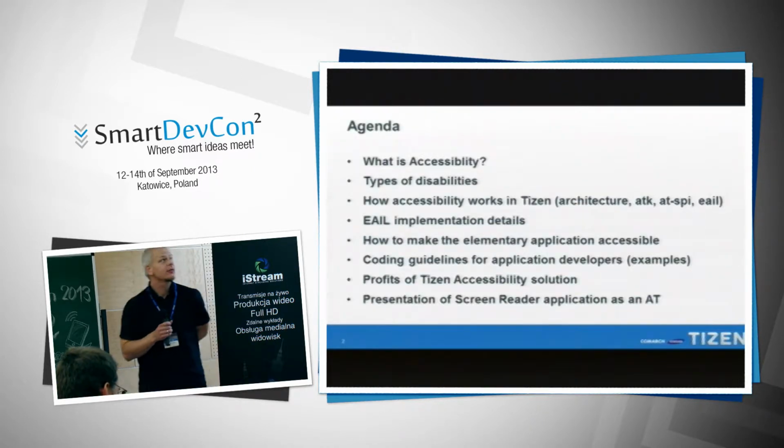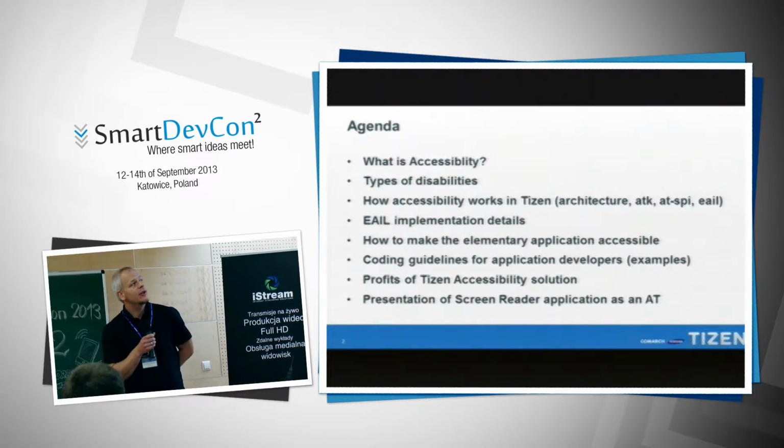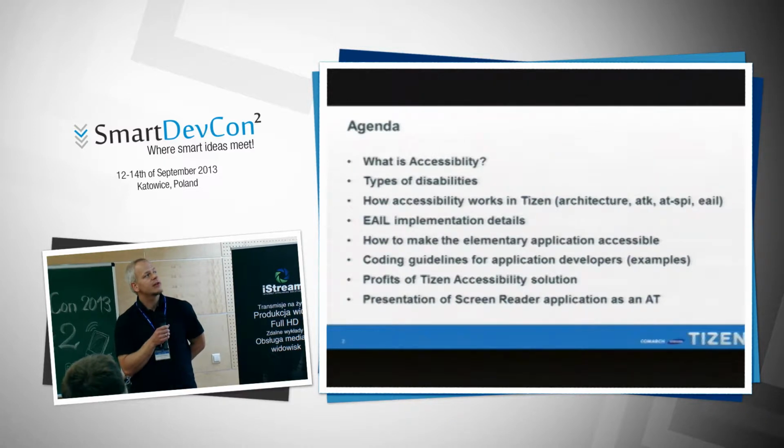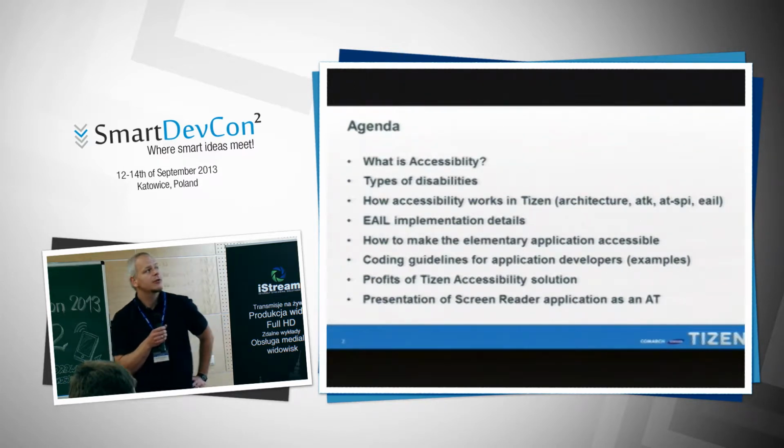Okay, so I'm going to say shortly about what is accessibility. Then I would like to present the types of disabilities that can be spotted over the whole world, and then I will say something about our accessibility solution and how it works in the Tizen platform. Later I will present some part of the implementation of EAIL, which is the library that we developed.